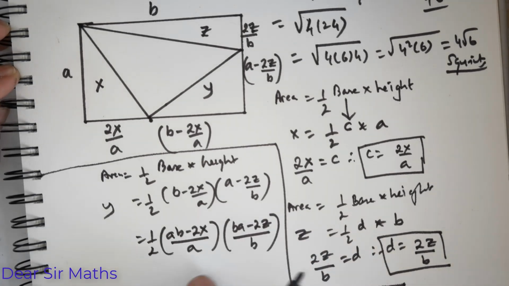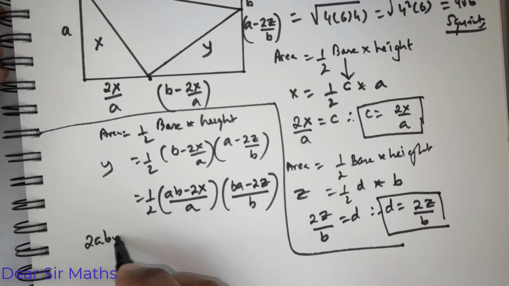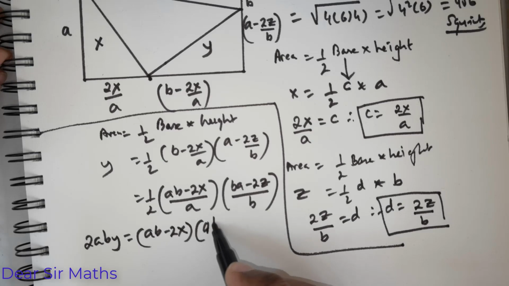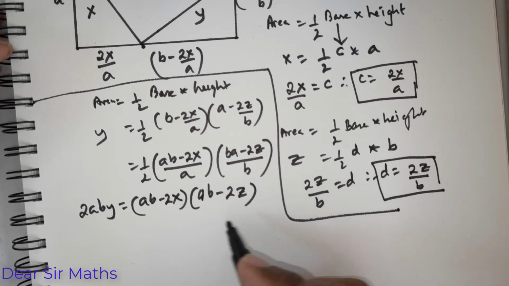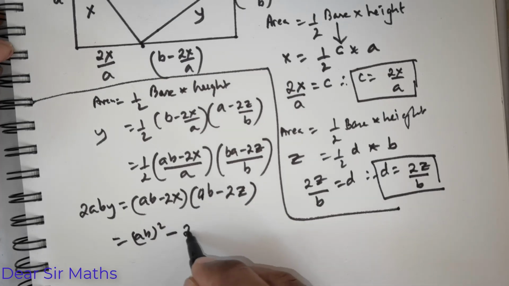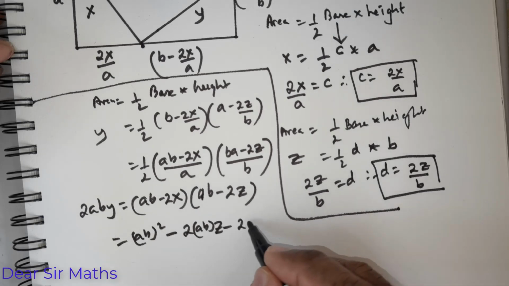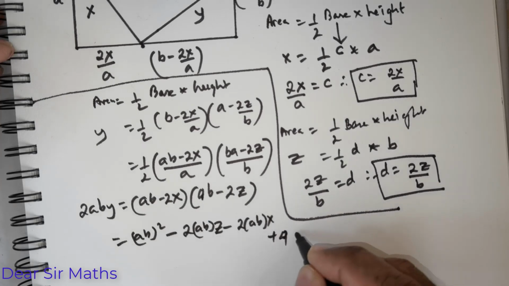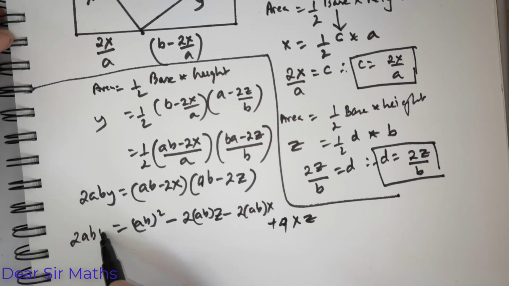Now what I wish to do is I would like to push 2AB to the left. So you get 2AB times Y is equal to AB negative 2 times X times AB negative 2 times Z. Now if I were to distribute these two quantities, this is going to be AB squared negative 2 times AB times Z negative 2 times AB times X, negative negative positive, 2 2s are 4 XZ is equal to 2 times ABY.